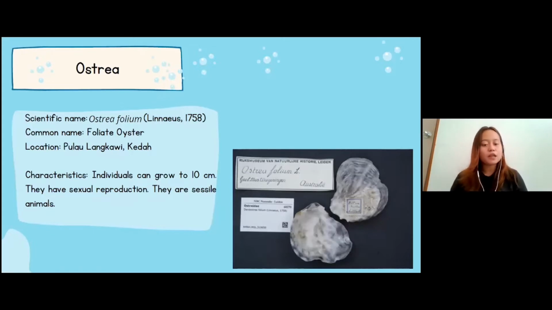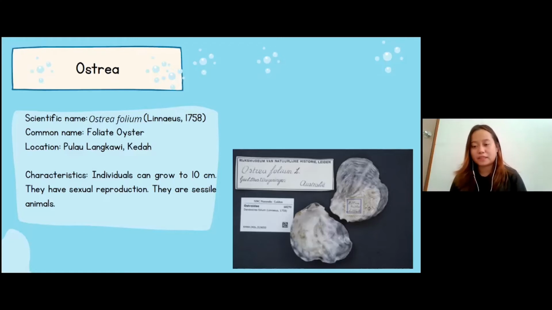The foliate oyster has been described as a subtidal marine species inhabiting the outer coast of Peninsula Malaysia, which is Pulau Langkawi, Kedah, where the salinity is over 30 ppt. Individuals can grow up to 10 centimeters and have sexual reproduction. This species of oyster is also a sessile animal.